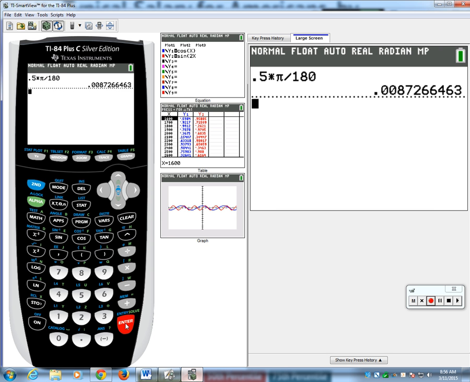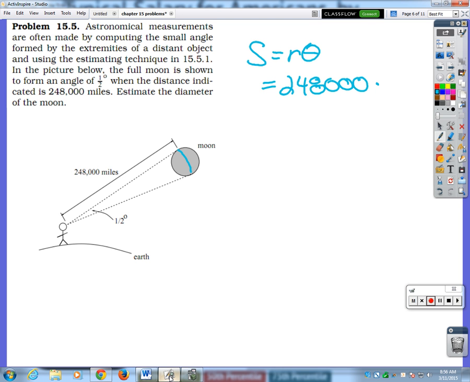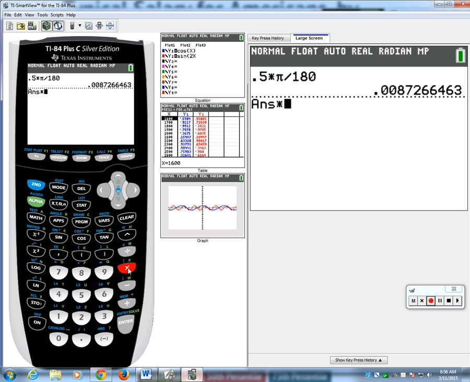Okay, so that angle in radians is 0.0087. If I take that and multiply it by 248,000, our estimate of the diameter of the moon is about 203,164 miles.